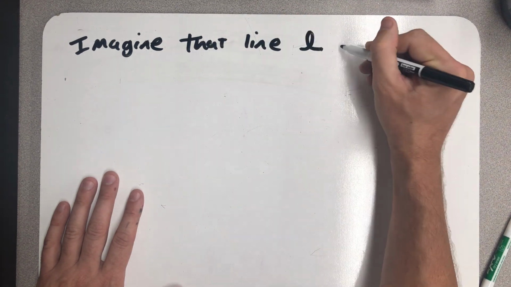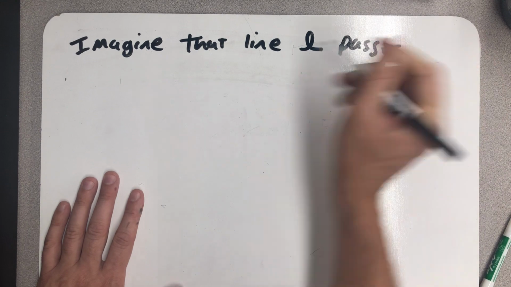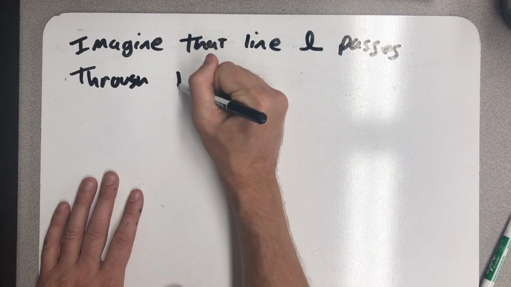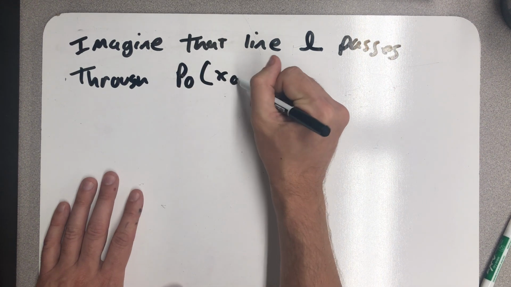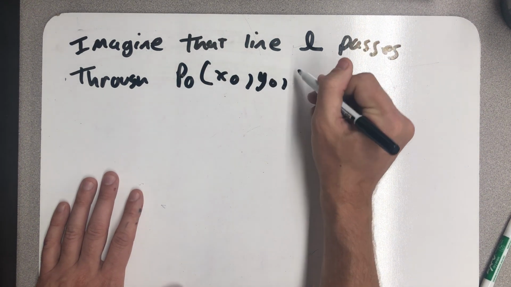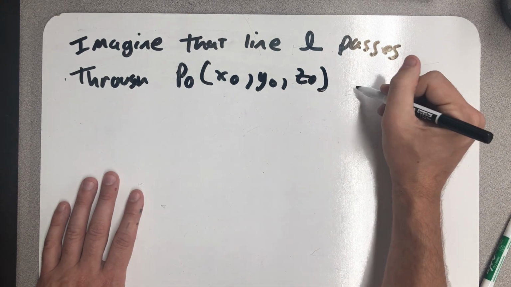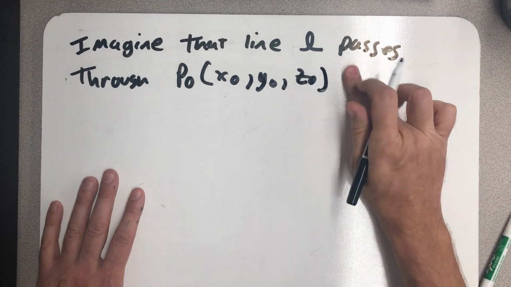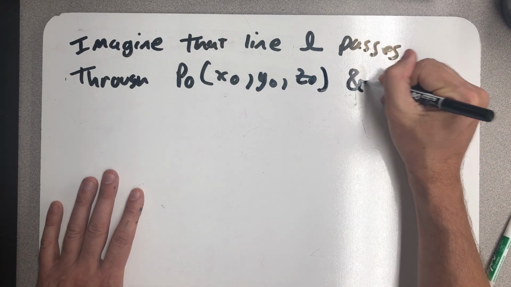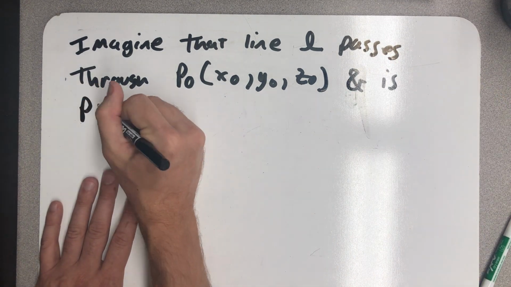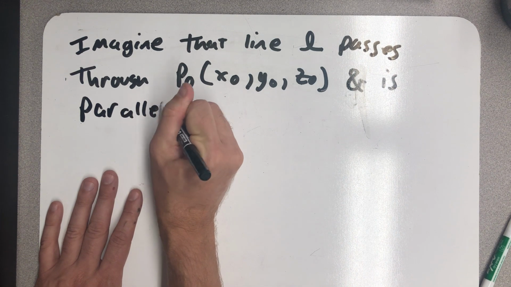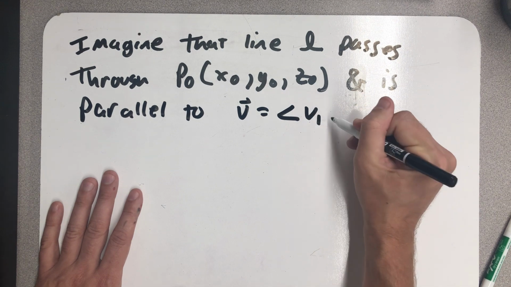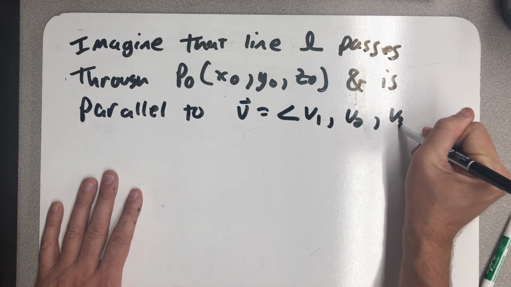Imagine that line L passes through a point I'm going to call P naught that has an ordered triple x naught, y naught, z naught. So line L passes through P naught and is parallel to a vector v, where v has components v1, v2, v3.